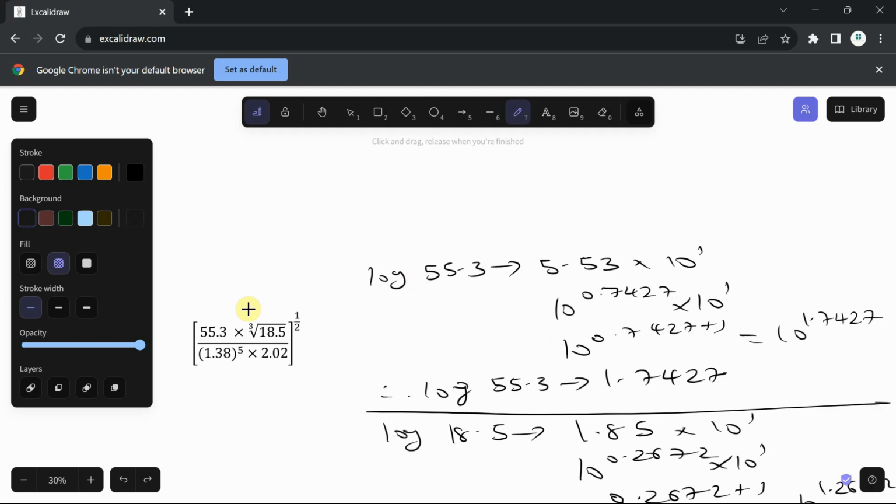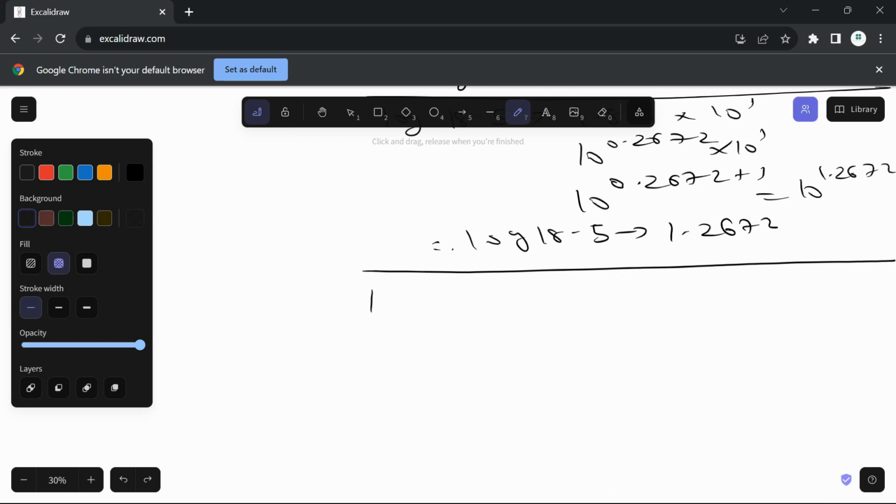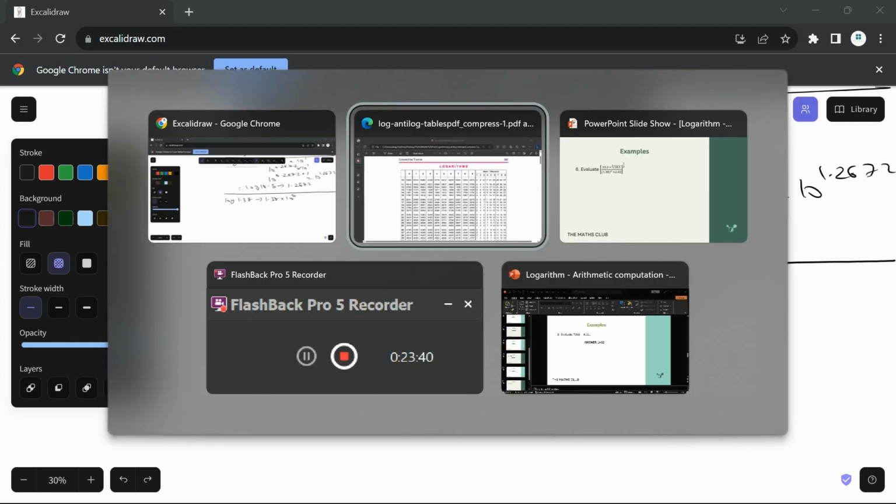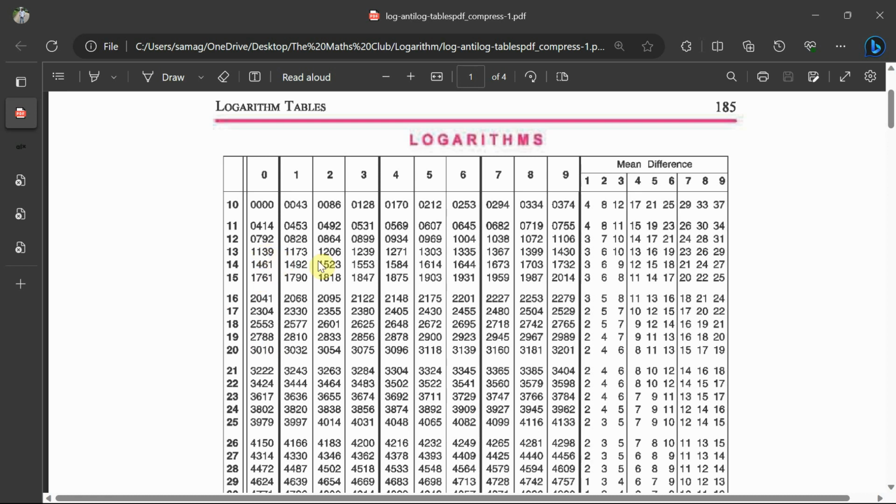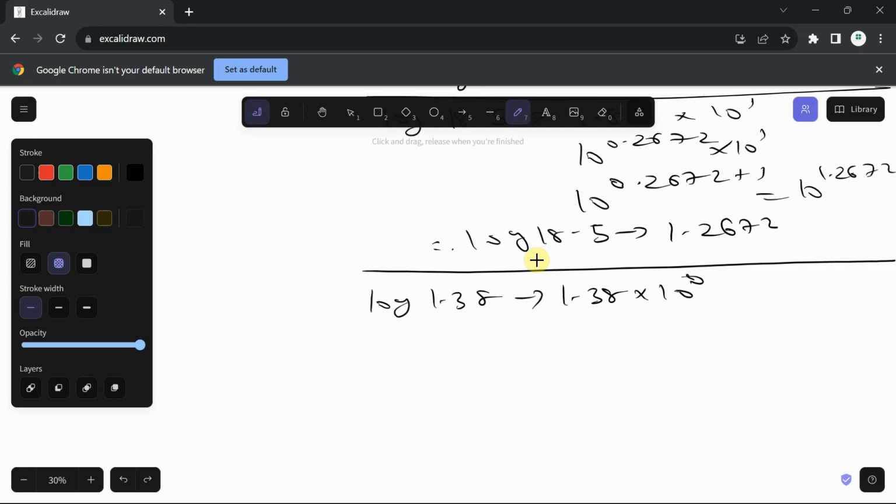Now let's find the next log, which is 1.38. So the log of 1.38 in standard form is 1.38 times 10 raised to the power of 0, because I didn't move the dot in any direction. So I'll go to the logarithm table and find 13 under 8. This is 0.1399.